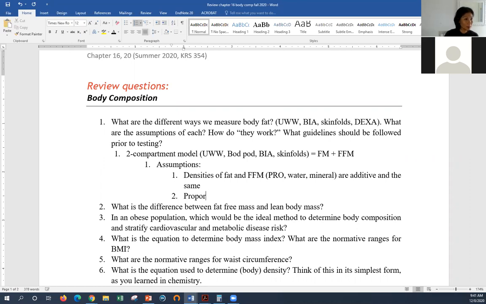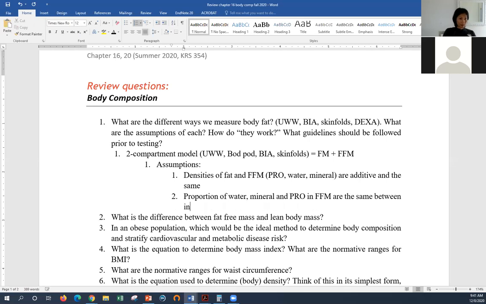Another assumption is that the proportion of water, mineral, and protein in fat-free mass are the same between individuals, which we also know is not true.